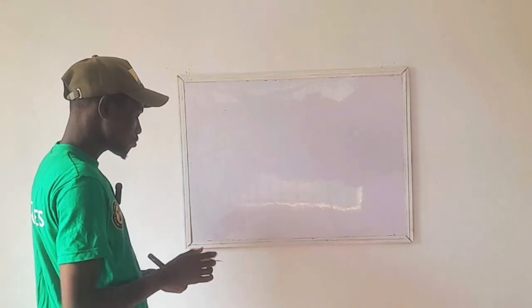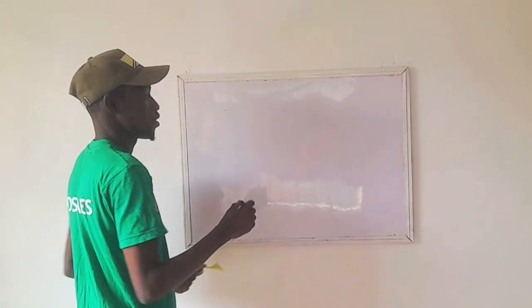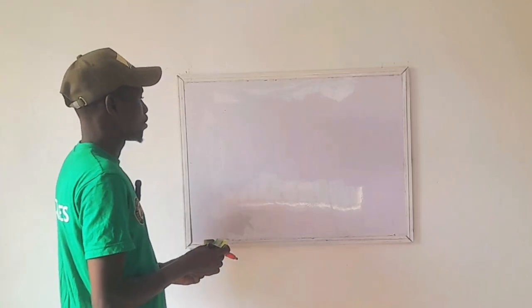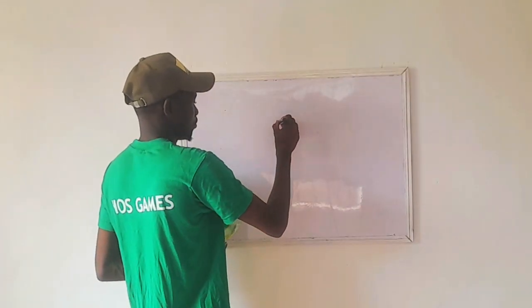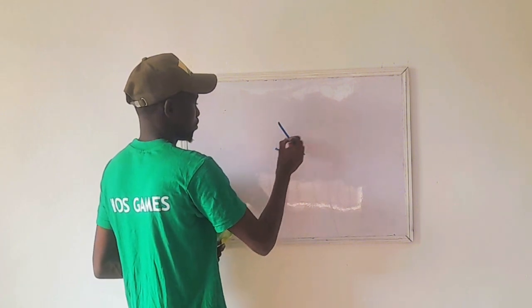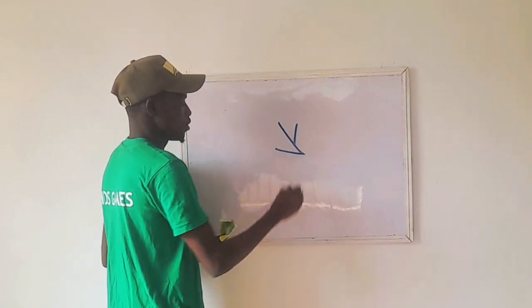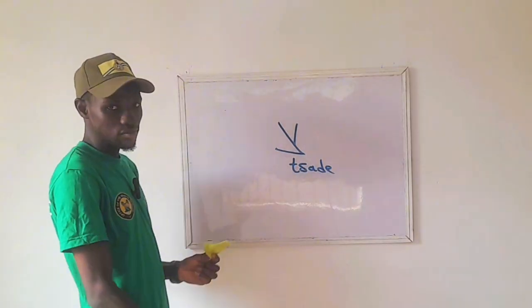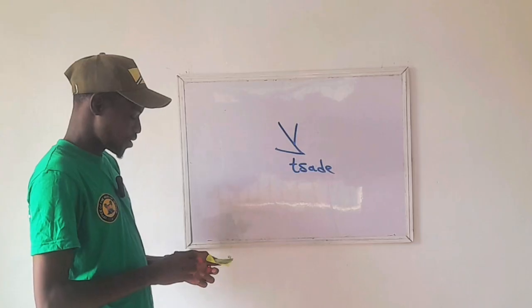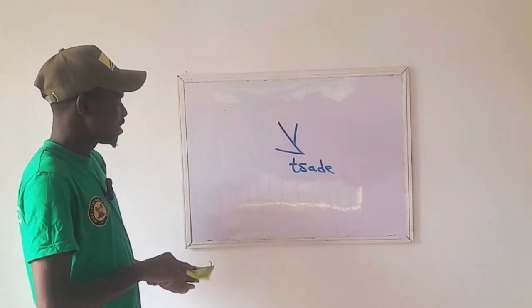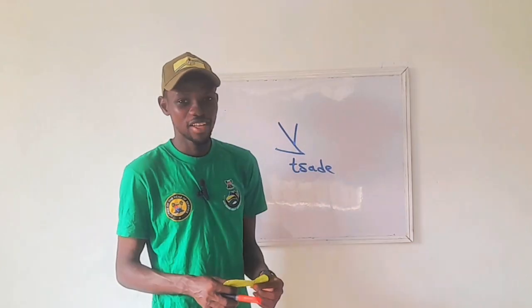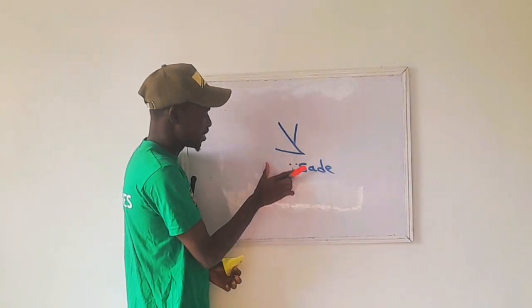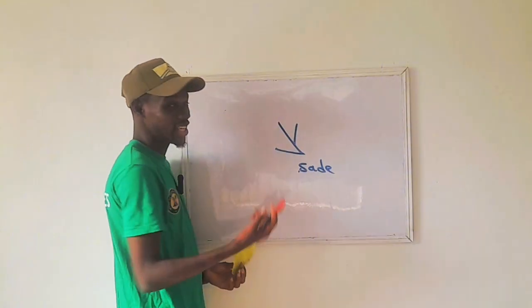Now, yes, we have Sad. Remember the first time I was reading my Igbo handout, I saw it and I was like, Shade, because the handout I was reading did not have the T, because the T is actually silent.